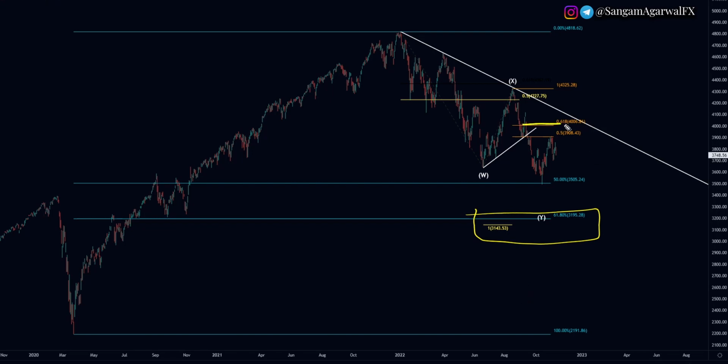So our resistance is 4000 and support is 3200, and between these two levels you can expect a sideways correction.